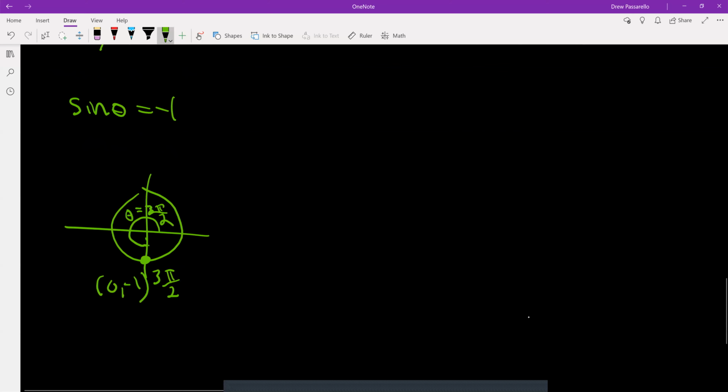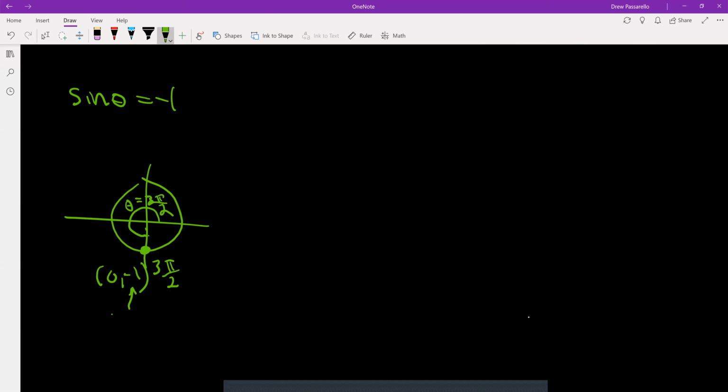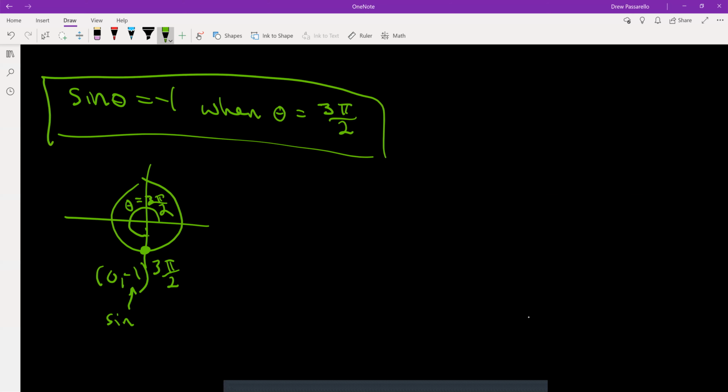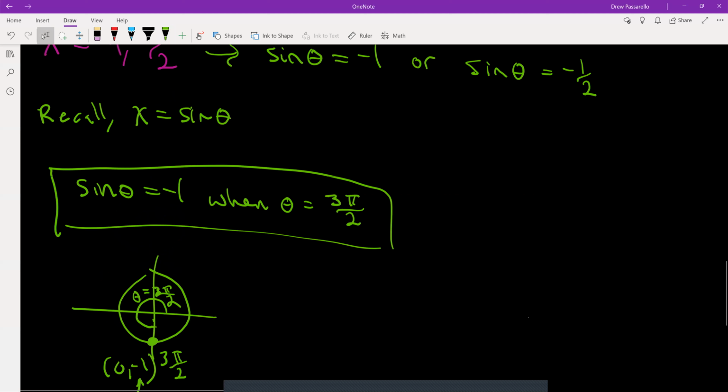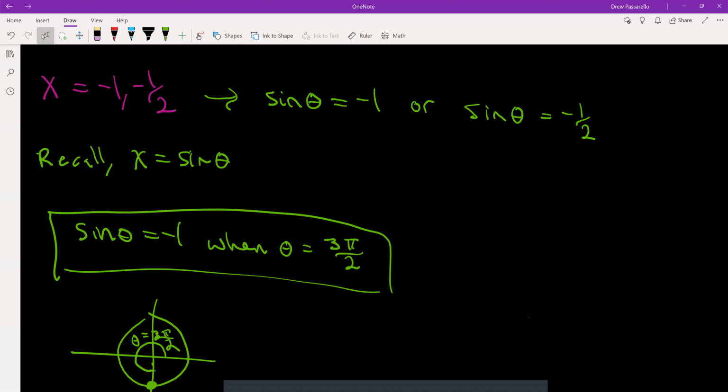All right, because then sine's the y coordinate. So sine of theta equals -1 when theta is 3 pi over 2. All right, that's part of my answer. Now I need to consider the other case when sine is -1/2.